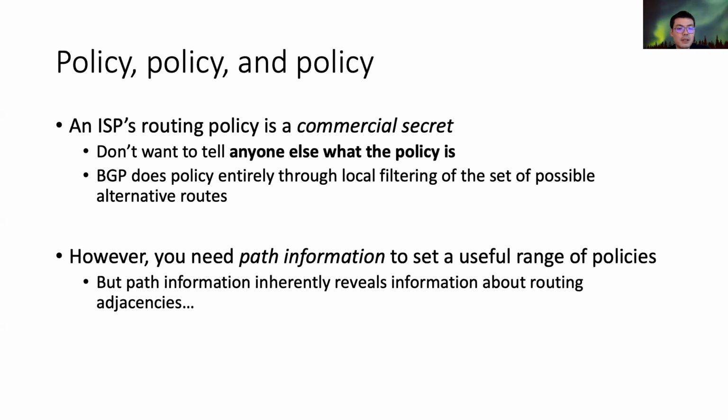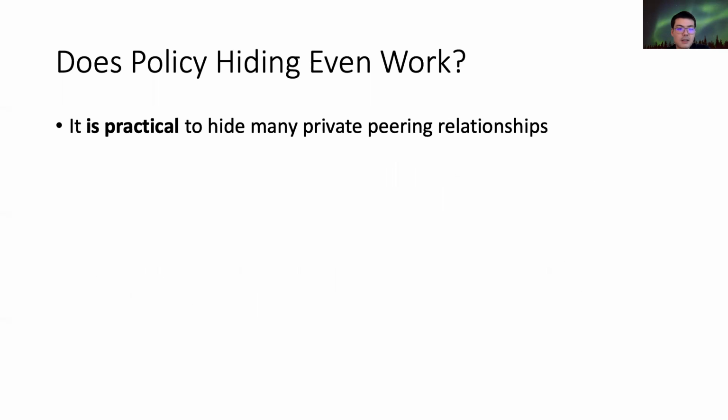Another thing is that even though you don't know why that AS chooses that path, you will see that the AS is choosing that path, and then you know that your path is not viable because it's not taking the path that you prefer. So these are the weaknesses of the BGP protocol.